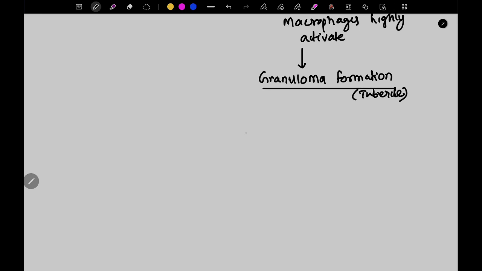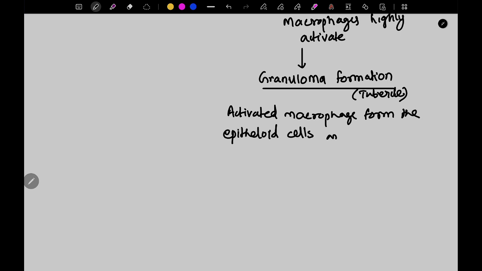Here the immune system walls off the infection, and the activated macrophages form epithelioid cells. Some epithelioid cells fuse to form multinucleated giant cells, which are called Langhans giant cells in tuberculosis.